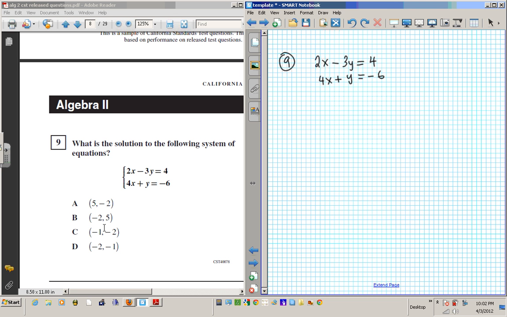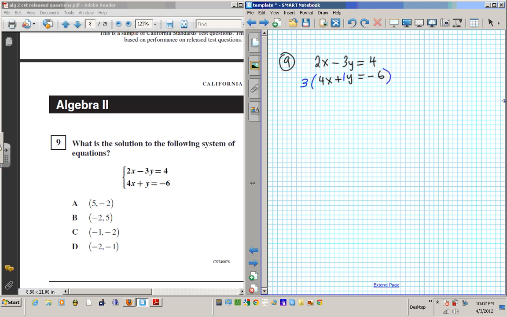To eliminate the y's, I'm going to look for the opposite. The LCD of 3 and 1 is 3, and if I multiply this by 3, I get the opposite of that. So multiply this whole equation by 3, so I can have opposites of my y component.